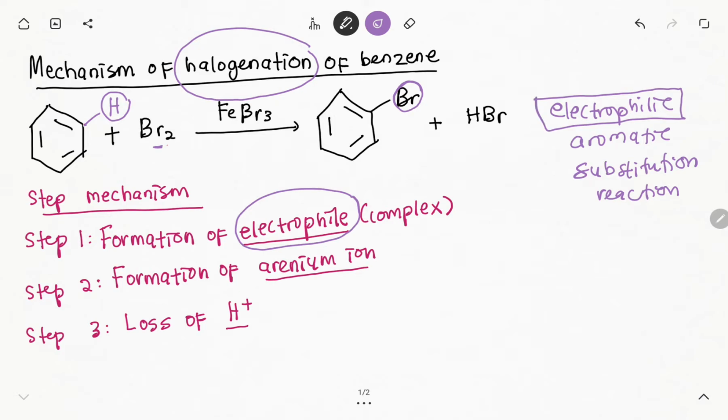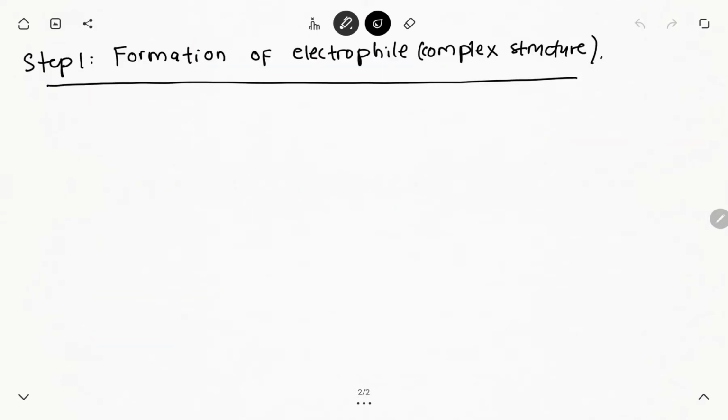In halogenation, we need to form the complex structure first. Next step is the formation of the arenium ion, and the final step is the formation of the final product by the loss of a proton. In step 1, our target is that a complex structure should be formed, which is our electrophile species.